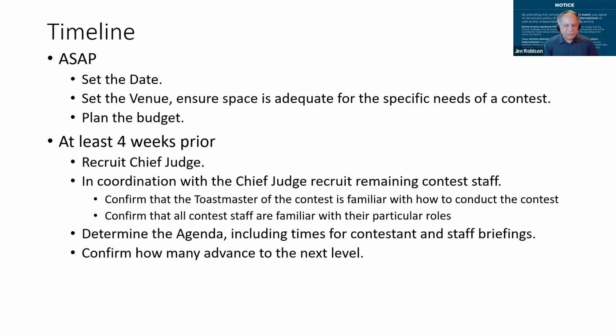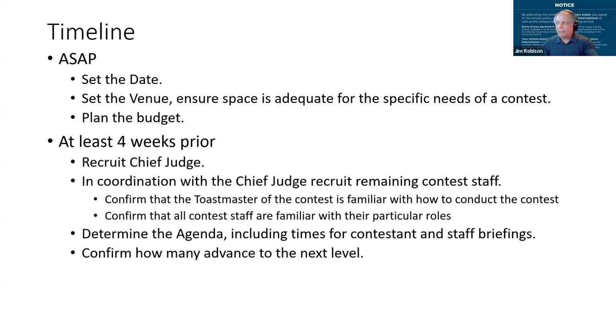At the area, it's determined by how many areas are in the division. So that's already known because of the number of areas that are in each division. So, for example, if you're in divisions A, B, and E, I believe it is, A, B, and E, you would have 2 contestants from each club, and in areas C and D, you'd have 1 contestant from each club.